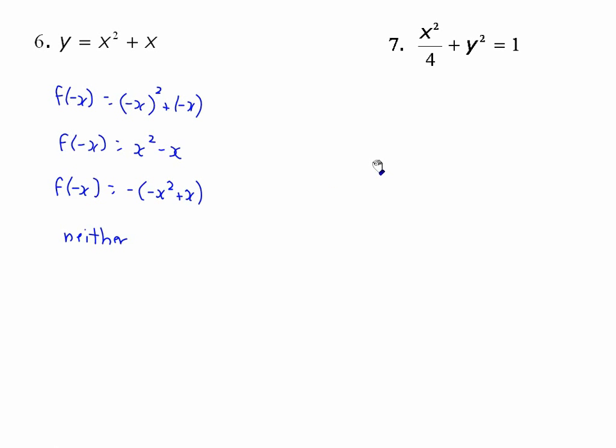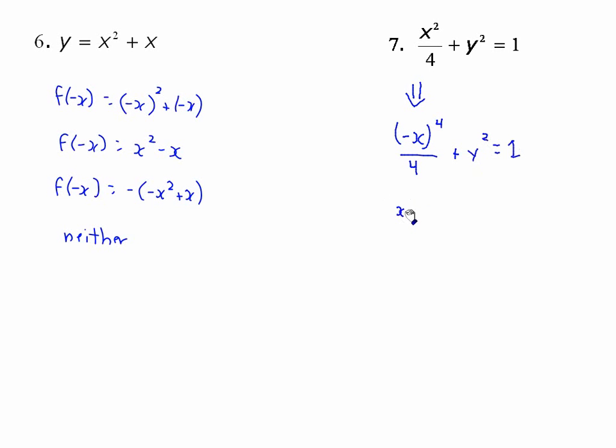And then this one. Number 7 is an odd one because, first off, the way it's written, it's not a function. So that's what's going to bother people right away. But when we work this one out, we get negative x to the 4 over 4 plus y squared is equal to 1.